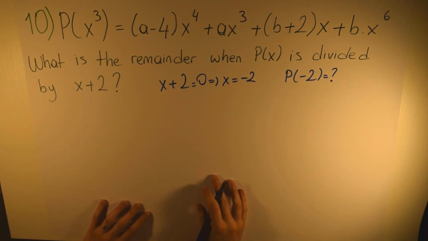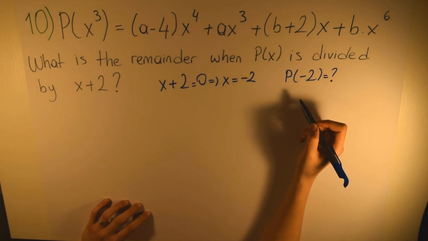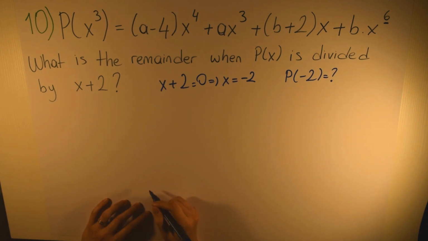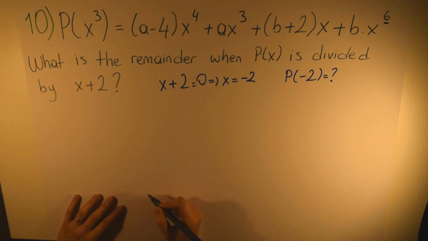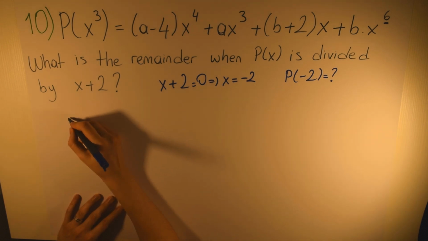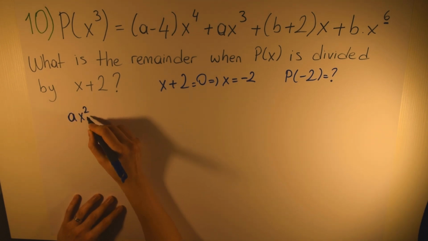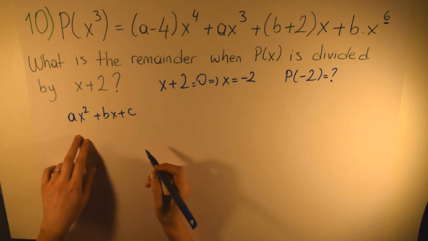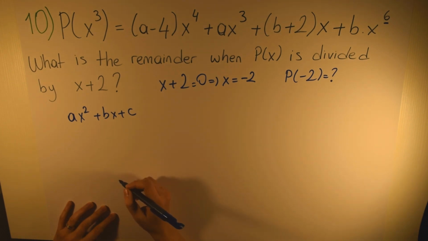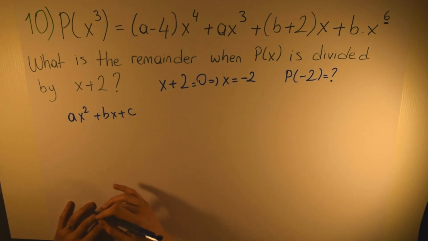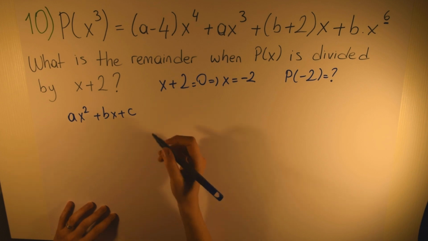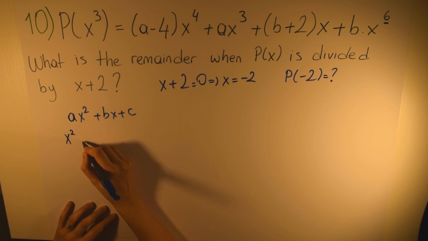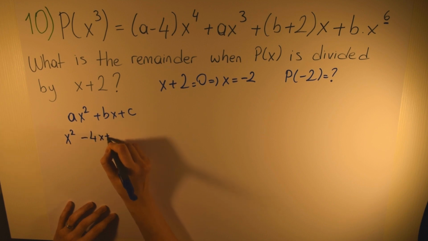Let's look at our polynomial here. We have x to the power of 6 as our highest exponent here, so our polynomial has to be something like this: a x squared plus b x plus c, or just these two. Let's try out some of them, because after that you will understand something very beautiful about this. Let's say our polynomial is something like x squared minus 4x plus 7.